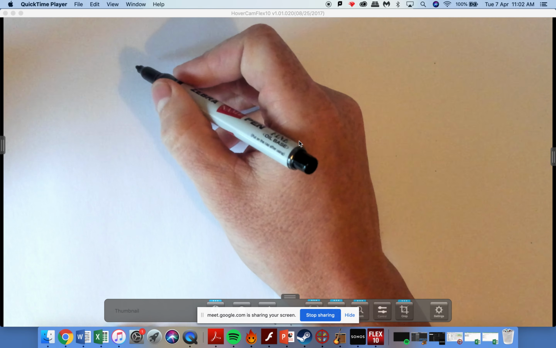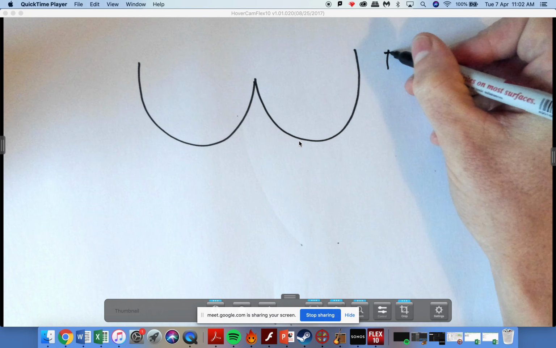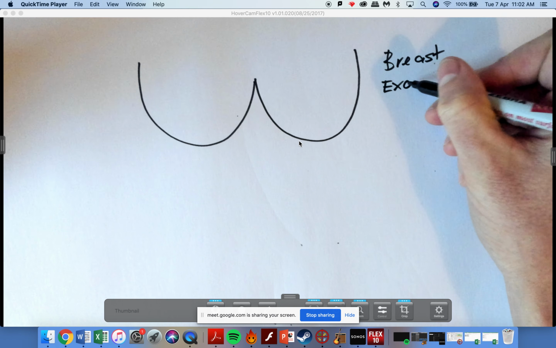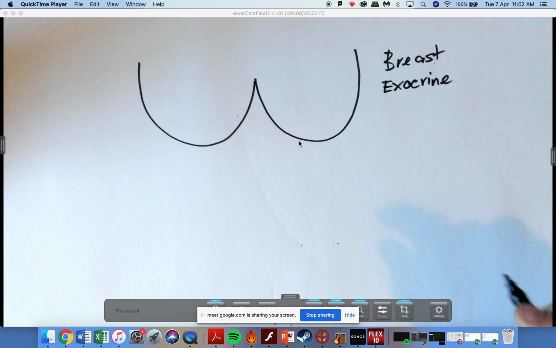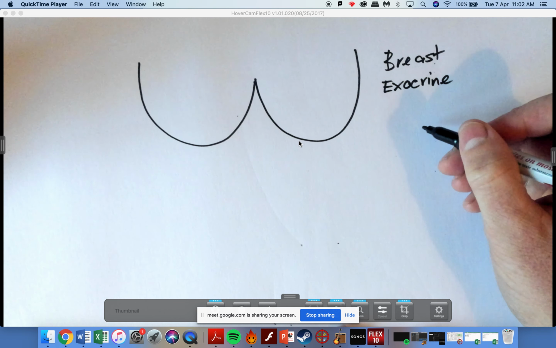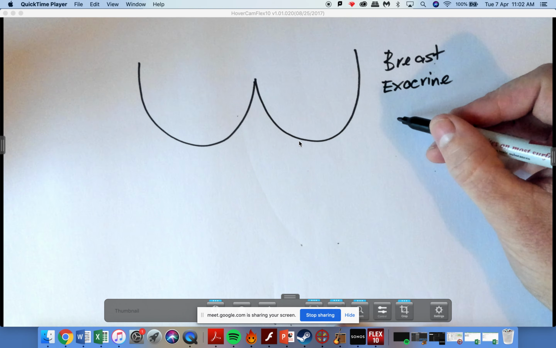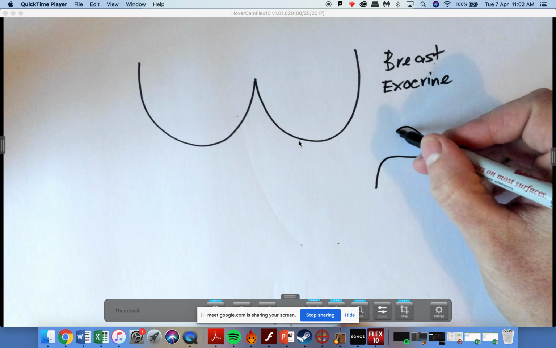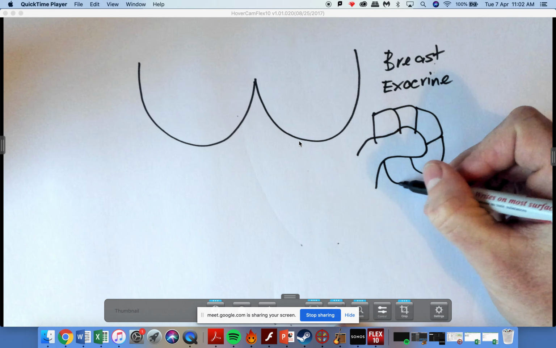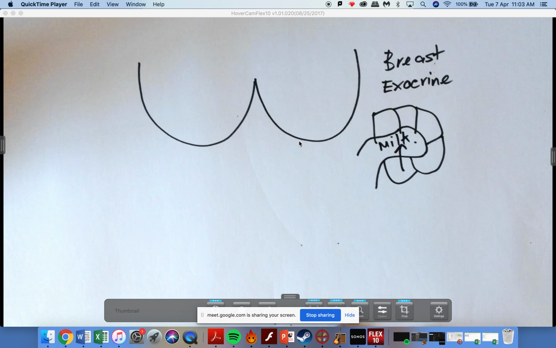Okay, so in the breasts, they are actually an exocrine gland for female breasts, and in the breast there are cells which, again, have that duct shape, so they're going to secrete into a duct. We did that diagram before. These cells are going to create and secrete, in this case, milk, so human breast milk.